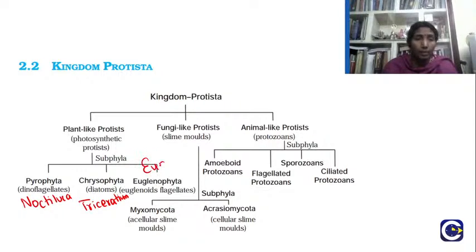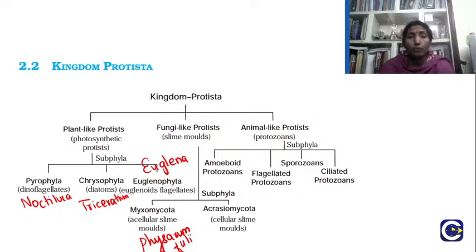Euglena has more animal characters. Next, under the fungi like protists, the slime molds are there. I think you will remember them: there are acellular and cellular ones. So what are the acellular slime molds? Acellular slime molds, we have Physarum, then we have Fuligo.